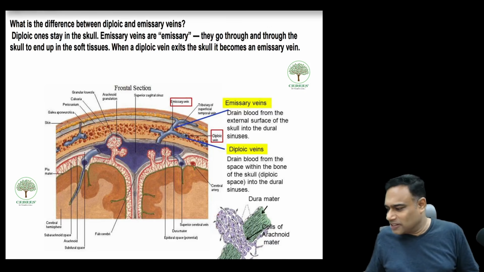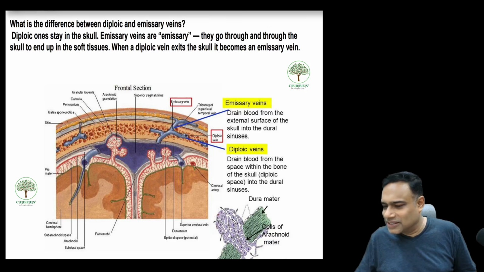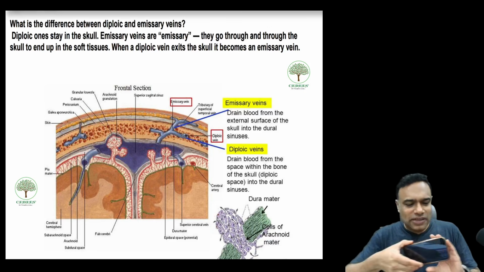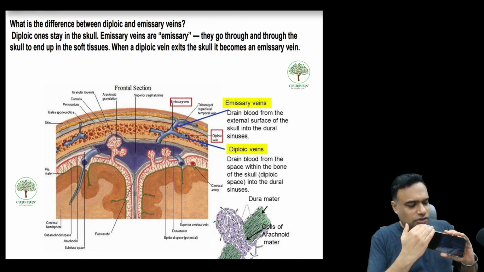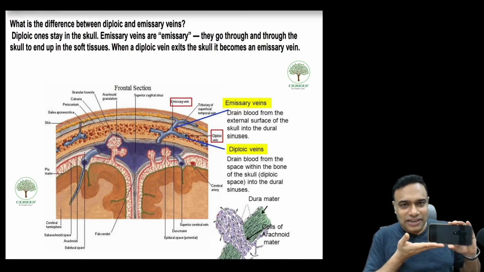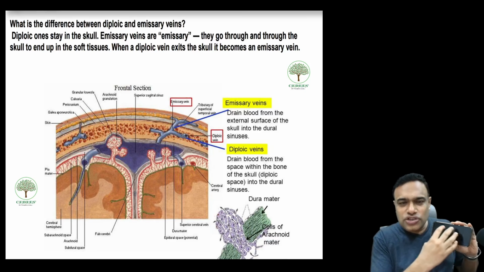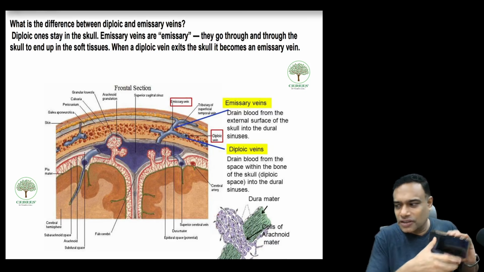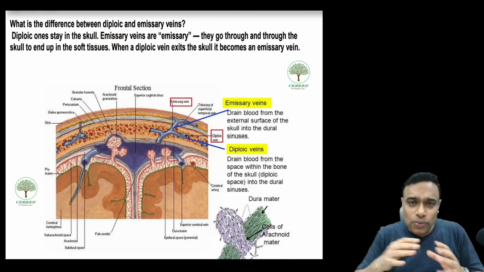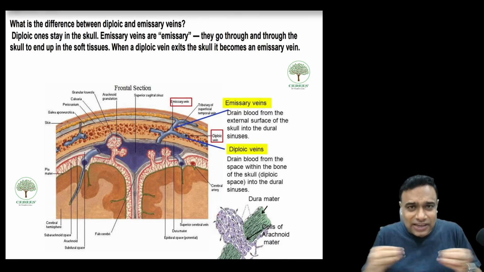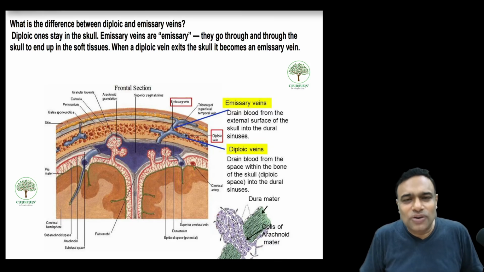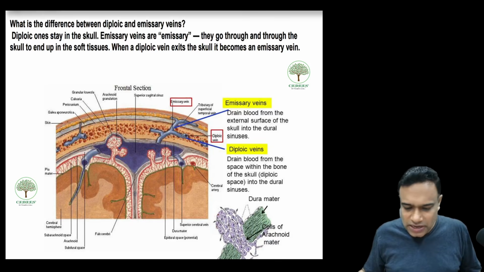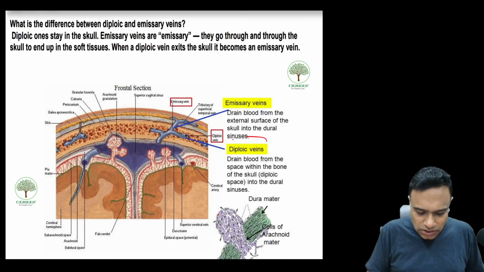See, diploic veins means, let's assume that this is your skull. Okay, so you have the outer table and the inner table. The middle portion, the cancellous portion, is what is called the diploe, and the veins that drain in that middle portion are called the diploic veins. Okay, so what are the diploic veins?